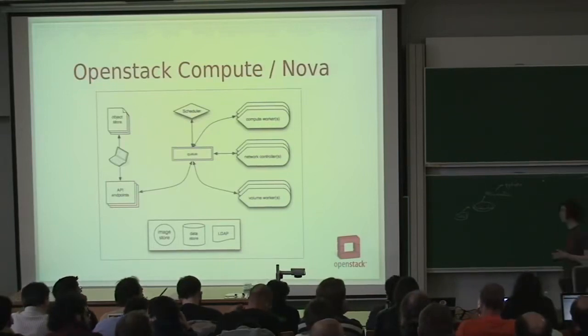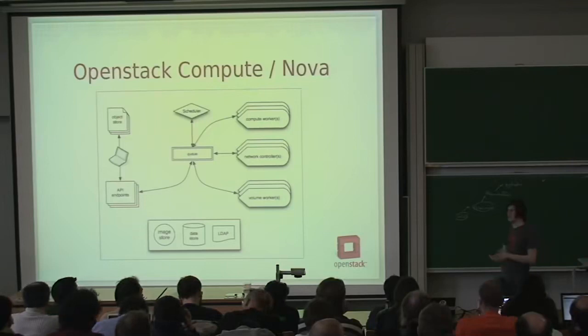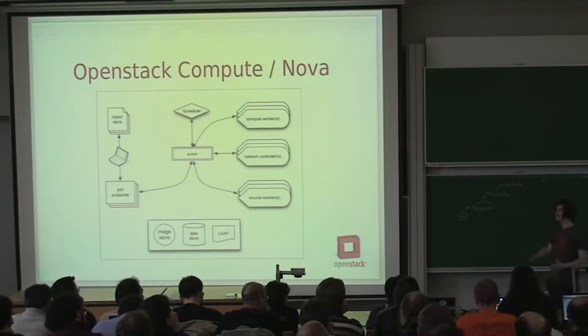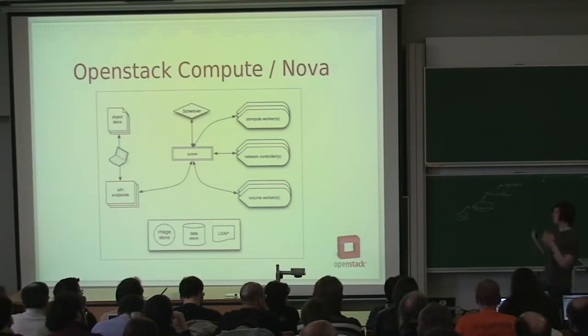We're going to fix that either in the next release or the release after that, where we're going to be distributing this data store much more so that the information is much closer to where it really belongs. So information about virtual machines will live on the compute workers, so that they will be authoritative for the information about stuff that runs on them. The network controllers will be authoritative for network information, and so on and so on.